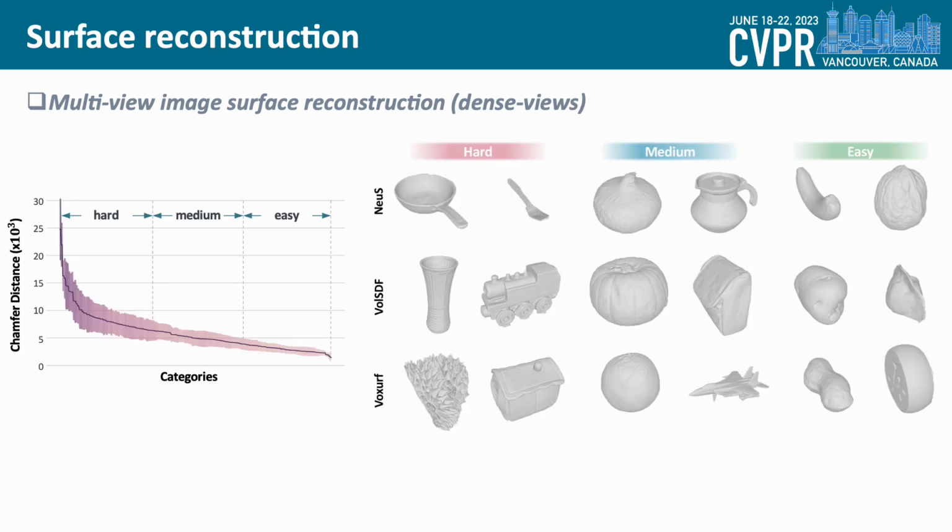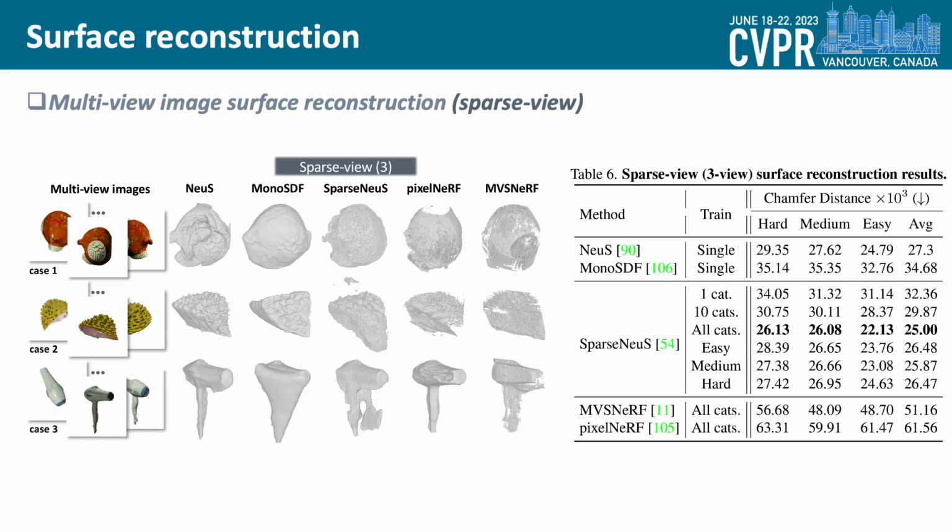We calculate the chamfer distance as the reconstruction metric. We split categories into 3 difficulty levels and observe a clear margin among results in different levels for all the methods. Compared with the standard DTU benchmark with 15 scenes, our dataset provides a more comprehensive evaluation on this task.